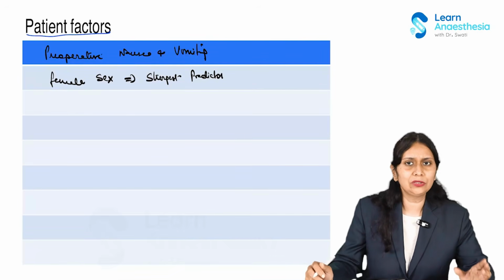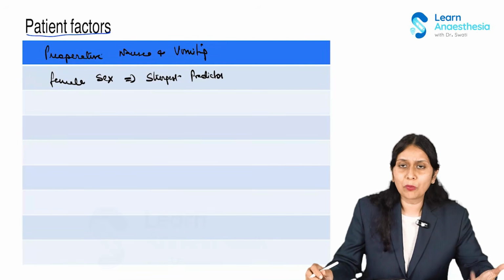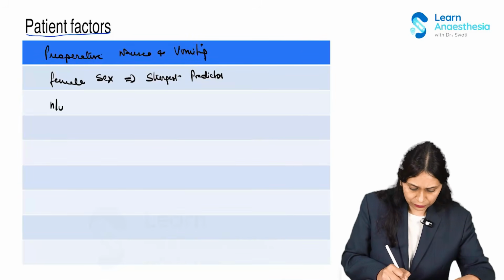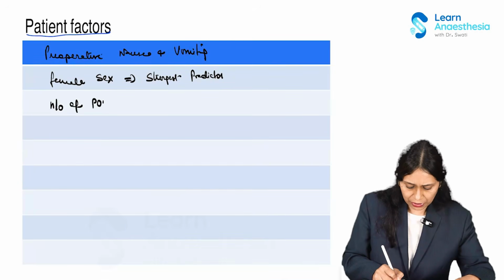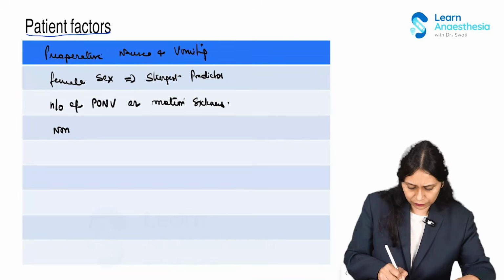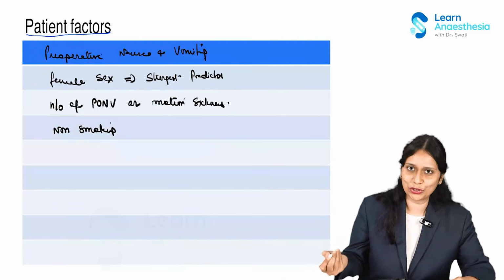The female sex is not a big risk factor before puberty, but after puberty it is one of the strongest risk factors. Then history of post-operative nausea and vomiting or motion sickness. Then non-smokers; smoking is protective against nausea and vomiting.